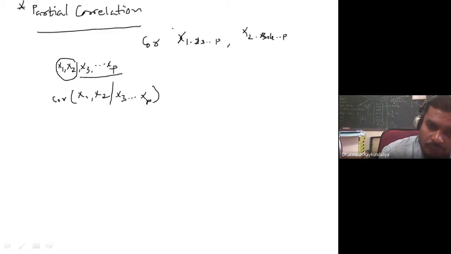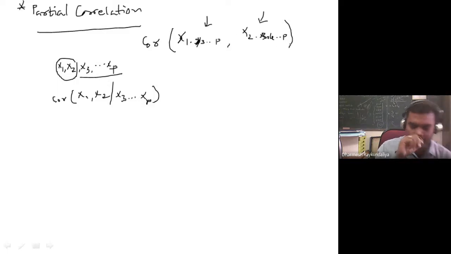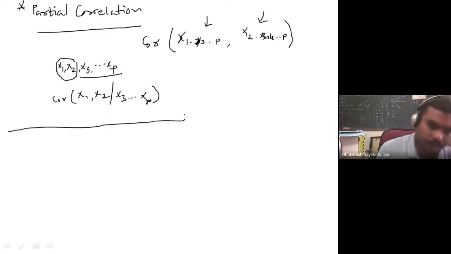If you find the correlation between the residuals of these regressions, then it is said to be a partial correlation. So that we will see. In short, partial correlation is that I am interested to find out the correlation between two variables by fixing all other variables.